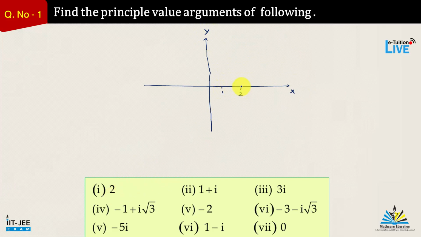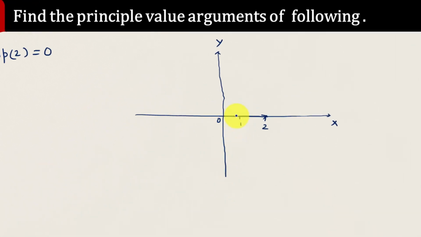So if we have the complex number 2, then you can see here the vector OP is 2, and this is making angle 0 with the positive real axis. So the amplitude of 2 is equal to 0. Now if we have another complex number 1 plus iota, so this is 1 and 1 more on the y-axis, so this is the complex number z1 as 1 plus iota.